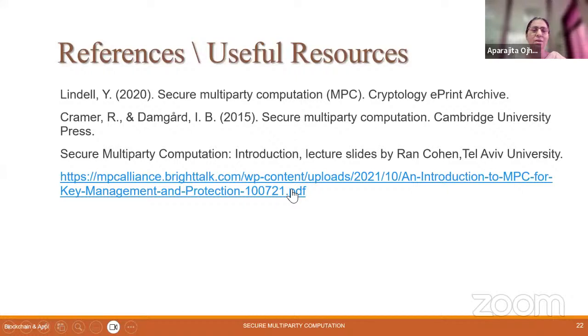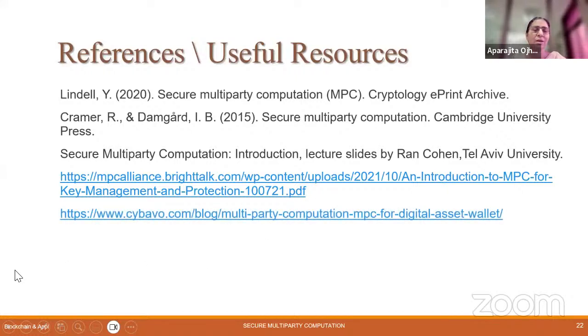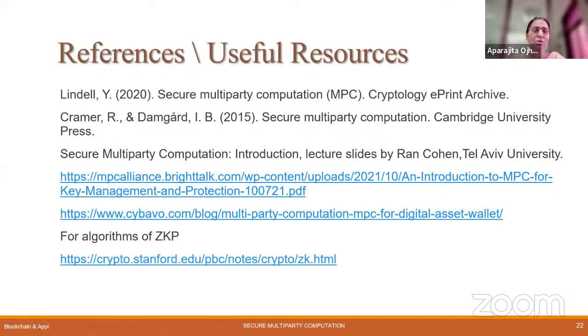This article you will find very useful. For algorithms on zero knowledge proof, you can go to this Stanford University website, which is a very useful resource on zero knowledge proof.